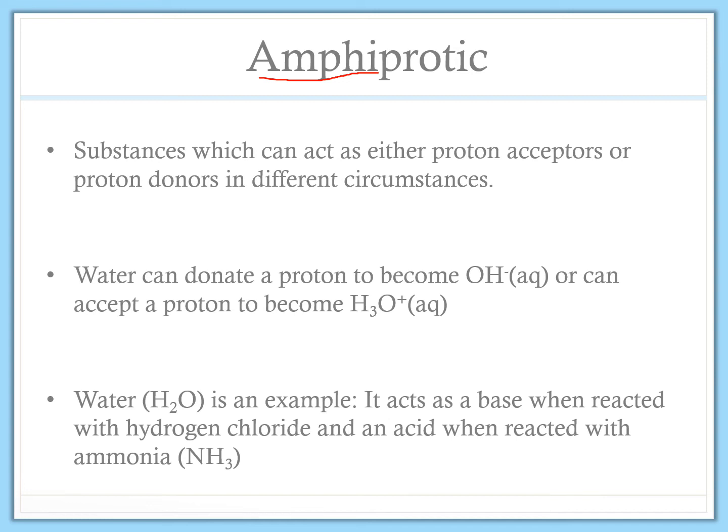It can donate or accept a proton. Amphi meaning both, protic meaning proton. Water is the main one that we'll interact with, but there are others. But we'll pretty much always be using water in this situation. When water donates a proton, it becomes hydroxide. When it accepts a proton, it becomes hydronium.